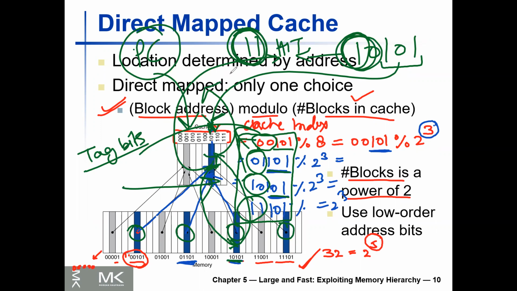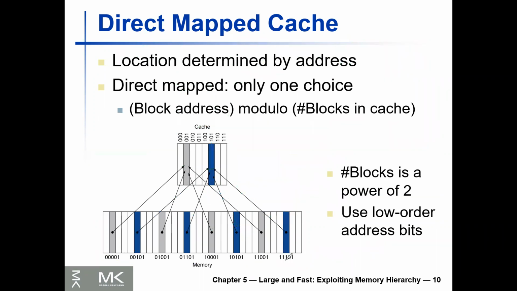So I hope you got the idea of how the memory blocks are mapped to the cache using the formula, and what the index bits are. As I said, these 3 bits of the address are called the index bits, and the remaining 2 bits are called the tag bits.